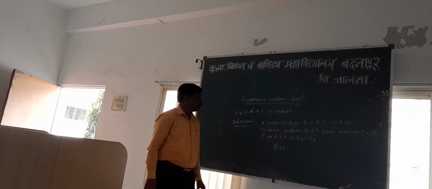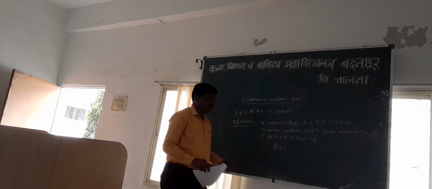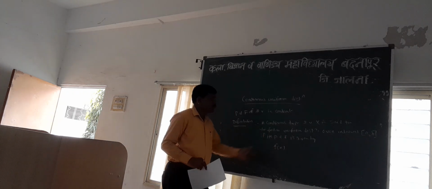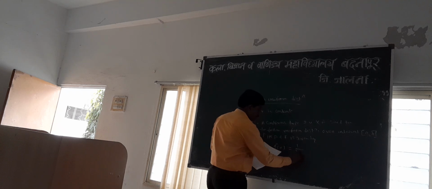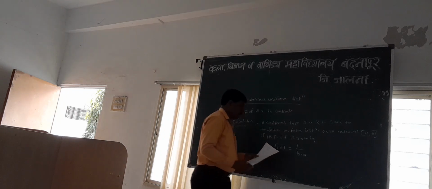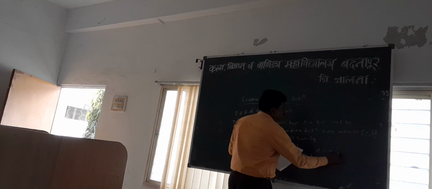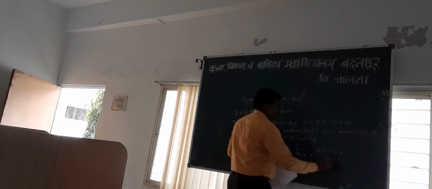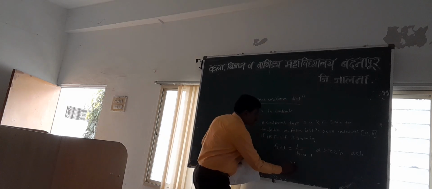X is said to follow the uniform distribution over the interval a, b, where a is alpha and b is beta, if the probability density function is given by f of x equal to 1 by b minus a, that is beta minus alpha, for a less than or equal to x less than or equal to b, where a is less than b, and otherwise 0.